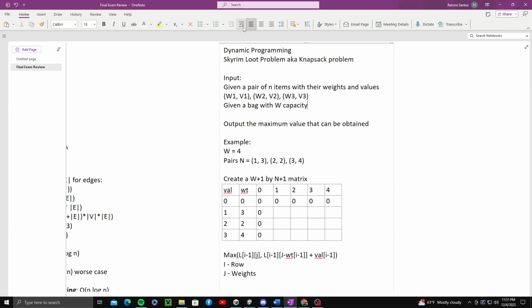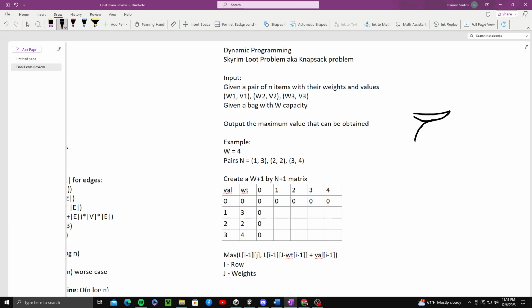I'm going to draw a little bag, and this bag can hold W weight. Every single unique item has a weight of, say, 5, 2, 1, and each one has its own unique value. Like, a sword has a value of, I don't know, 10 gold. Some potion has a value of 5, and so on.